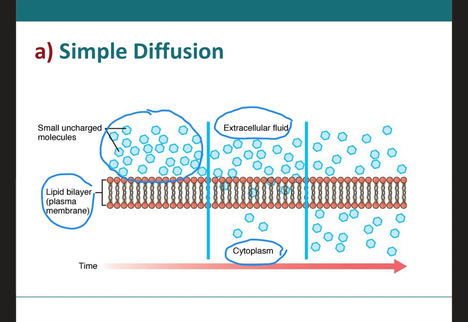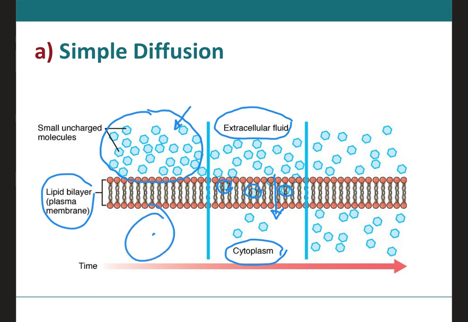This means that only small substances like gases, for example oxygen and carbon dioxide, will be easily able to pass through this lipid bilayer and diffuse into the cell, going from the more concentrated environment outside to a less concentrated environment inside.